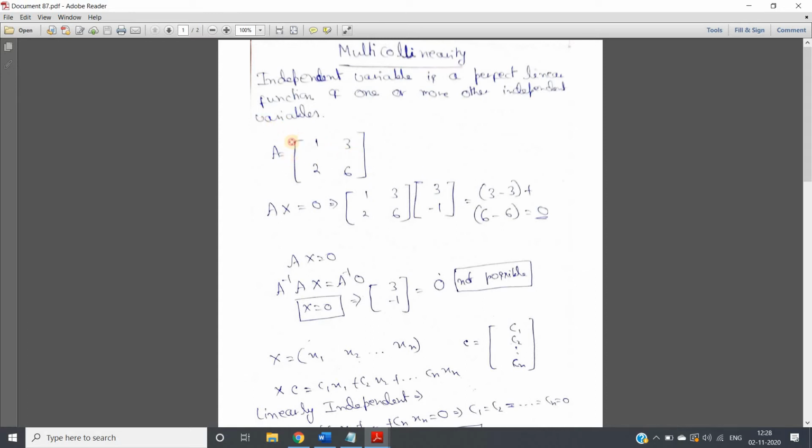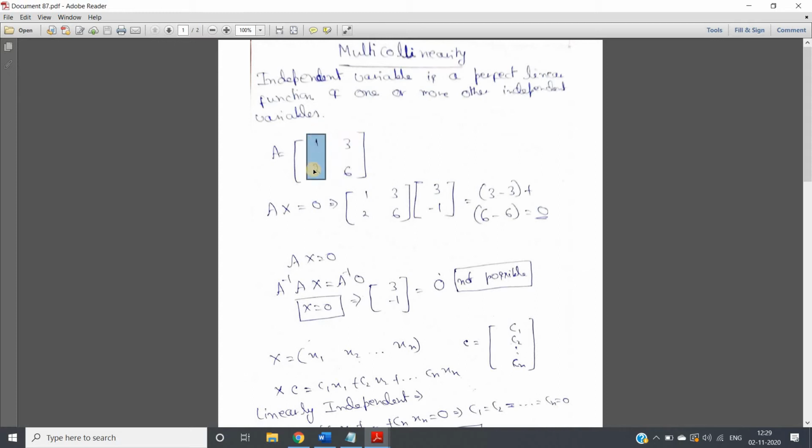Just consider one simple example: A equal to first column 1 2, second column 3 4. Here perfect multicollinearity is present. Why? Suppose this is one column, one feature, and this is another column, another input feature. The second column is linearly dependent on the first column.